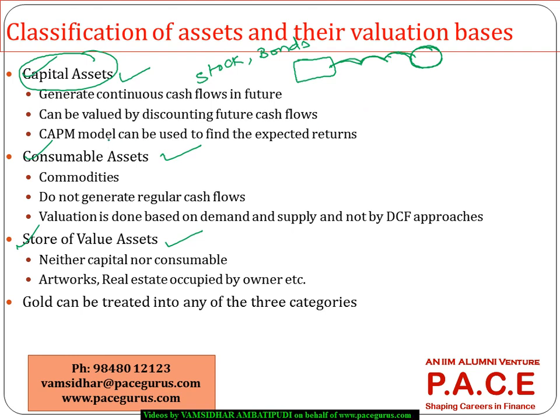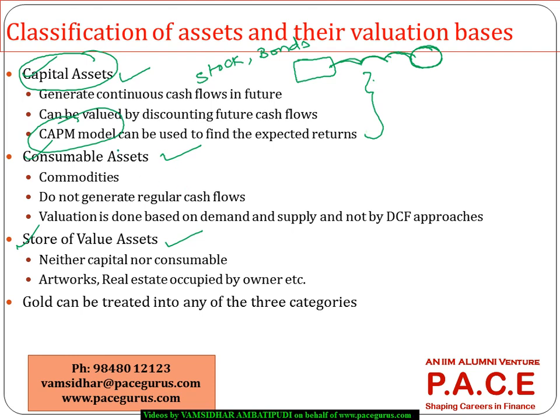When deciding what discounting rate to use, I can use standardized models like CAPM, which will give me the expected rate of return based on the risk linked to a particular index. So that is the characteristic of capital assets which generate cash flows for you in future.